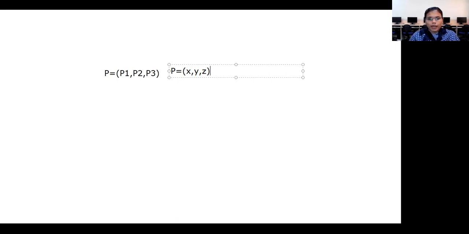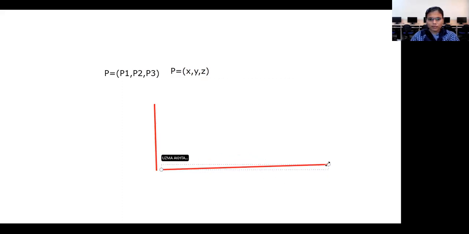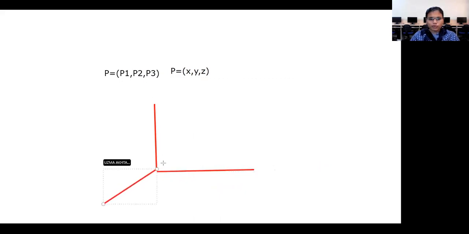Suppose I am drawing this point P. Here is a point P. What will be the x, y and z coordinates? They are simply real numbers. So what will be x?